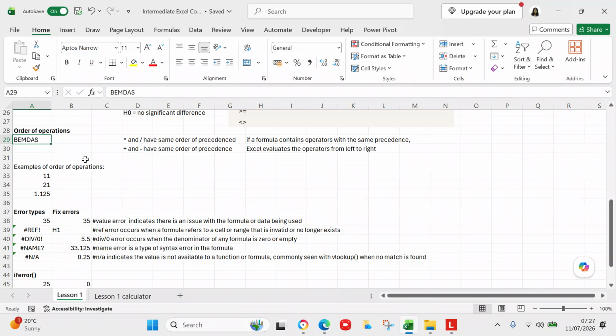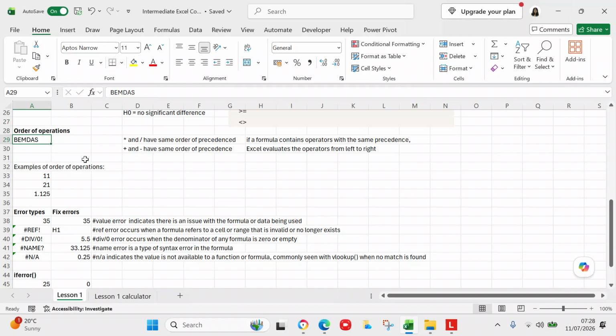And then the second one is exponents. So if you see an exponent, then the exponent is going to take higher precedence than anything else other than brackets. And then if you see multiplication and division, they are next.